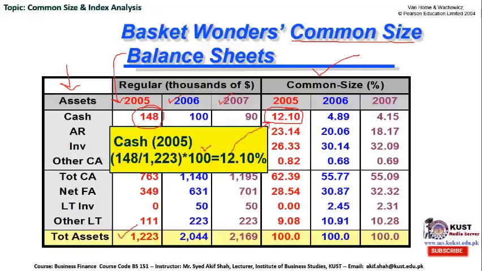Then you can write it in the common size analysis section, which is 12.10%.